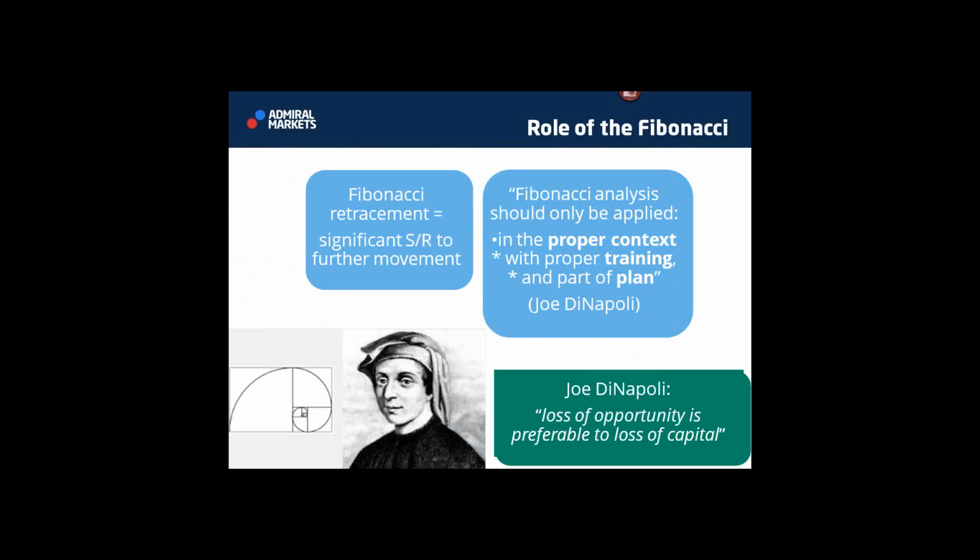I think that the references to trend and momentum mean we have to make sure that trend and momentum can be viewed in the charts. We know which direction they are. With proper trading, we mean, of course, sufficient experience. And part of a plan means that we need a trading plan. We need to know how to use those fibs in a coherent trading plan, that we're not just using fibs every time in a different manner.